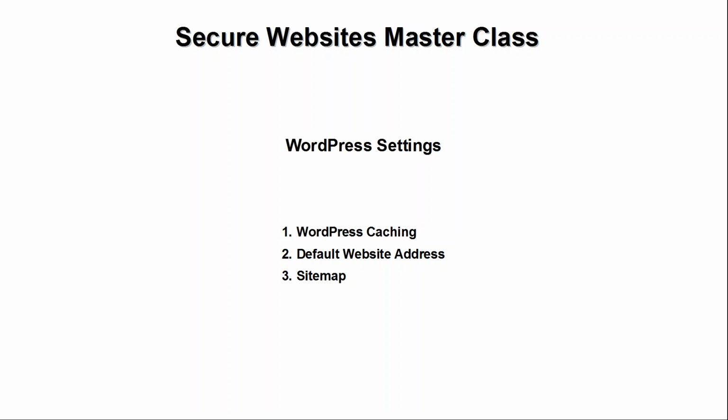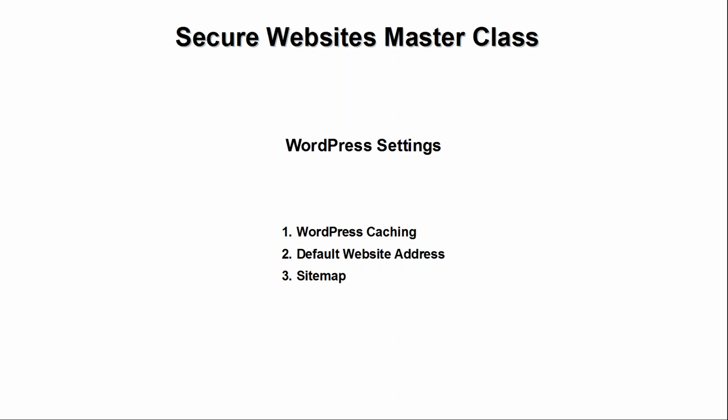Basically, if you're using any of these WordPress caching plugins, you need to make sure that you disable the caching feature within that plugin. Now, there are a number of different plugins that will do this, so I can't direct you to an exact setting.